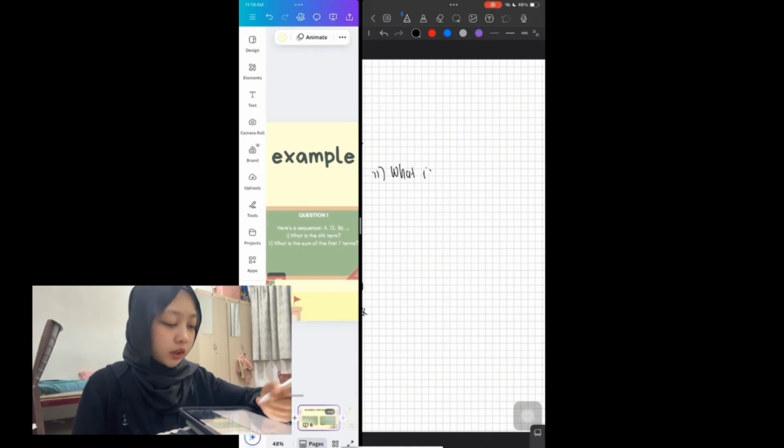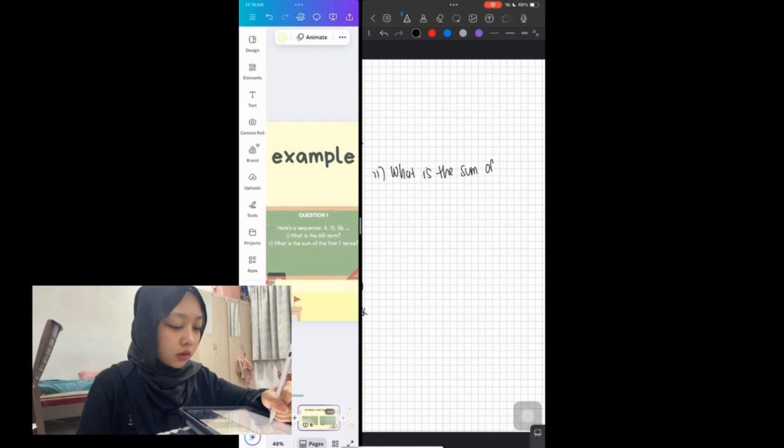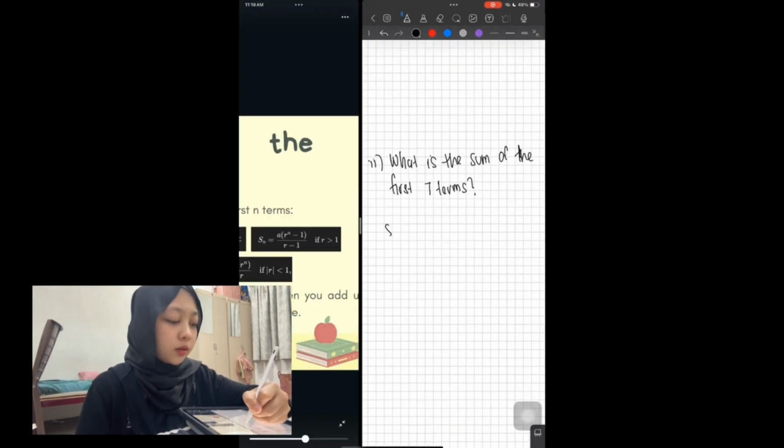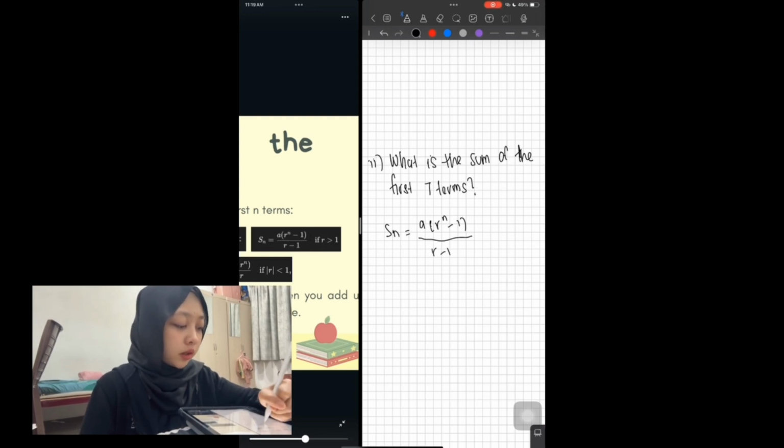Next question: what is the sum of the first 7 terms? Now we can use the formula given, which is Sn equals A in brackets R to the power of n minus 1, divided by R minus 1, because R is more than 1, so we use this formula.